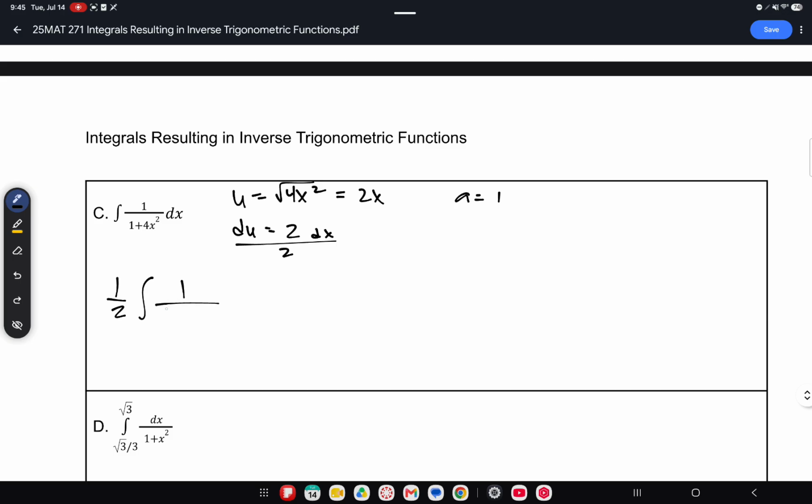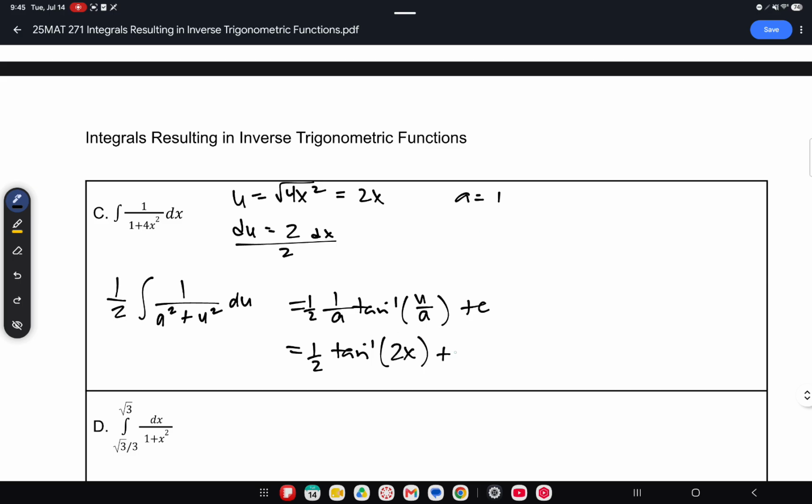So now it's in that form of a squared plus u squared du. So it's 1 over a inverse tangent of u over a, plus c. I'll plug in my numbers. 1 over 1 is just 1. So inverse tangent, and I forgot my 1/2. u over a, u is 2x, a is 1, and then plus c.